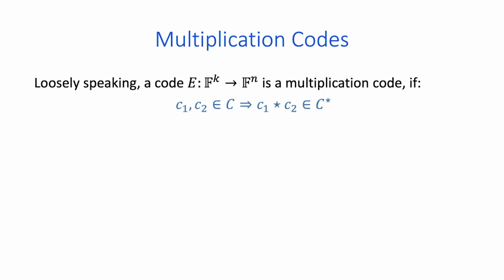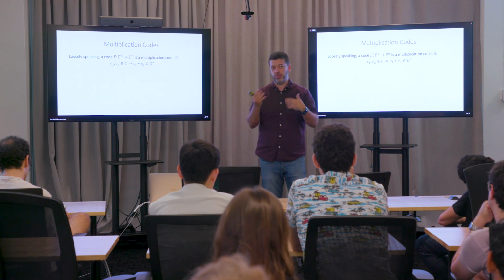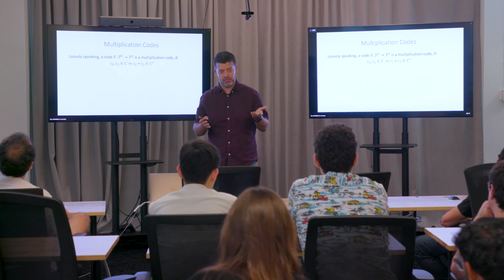I switched between E and C for this code, so all the C's should be E. Sorry about that. The property says that if you take any two code words and multiply them pointwise, the result is another vector of length n. And what I want is that this vector lives in some related code.